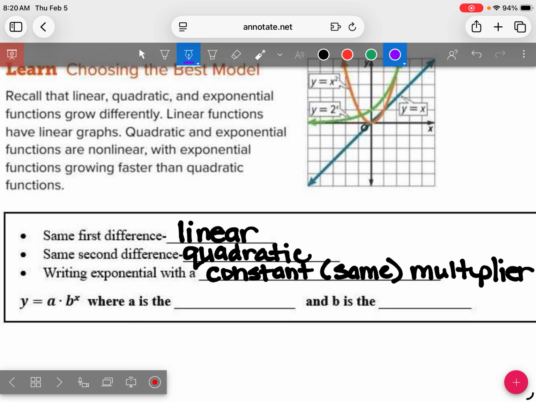There's two numbers. We have A, which is your starting Y value. And if you're looking at a graph, it's the y-intercept.